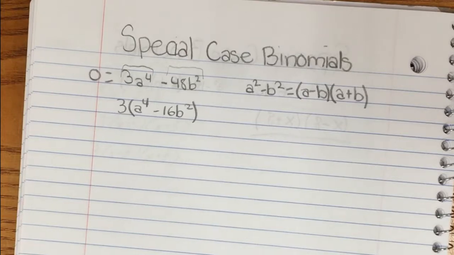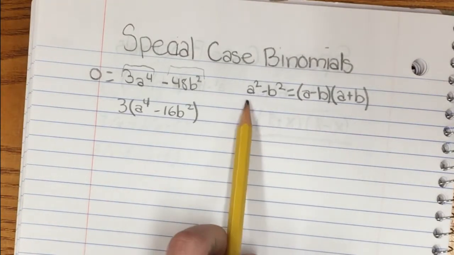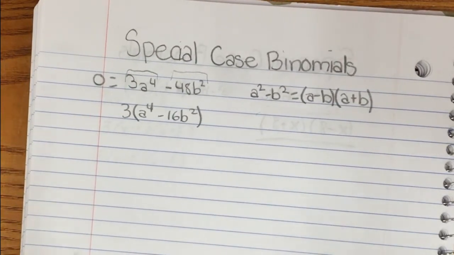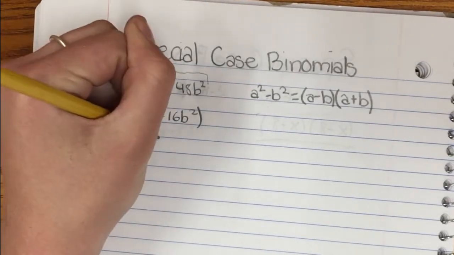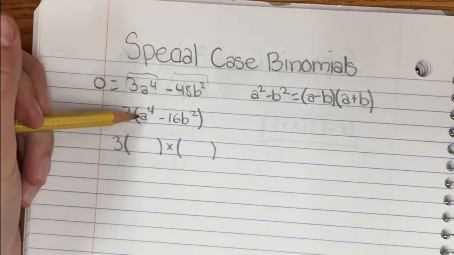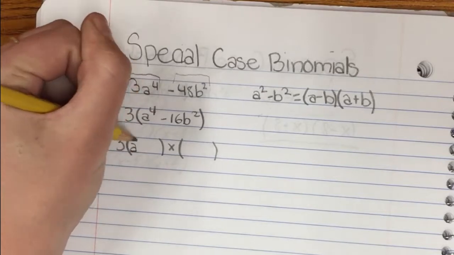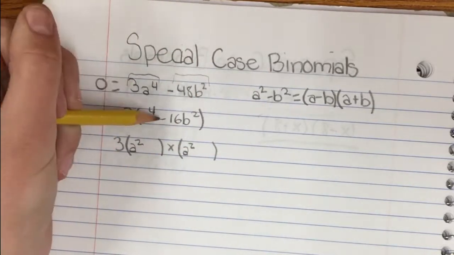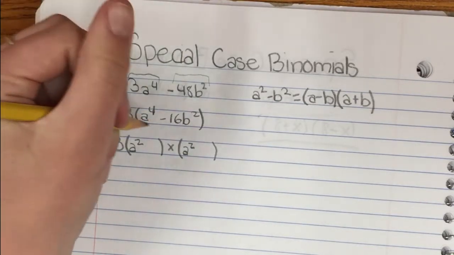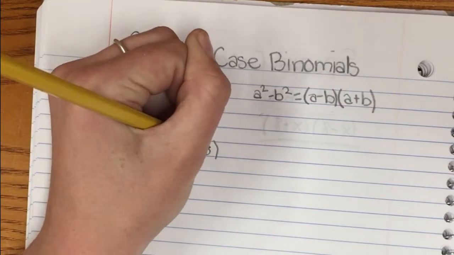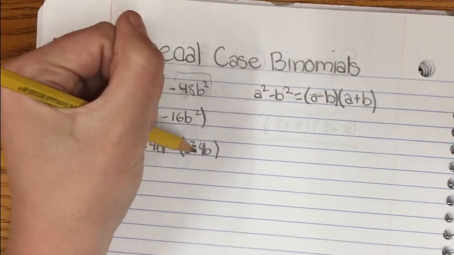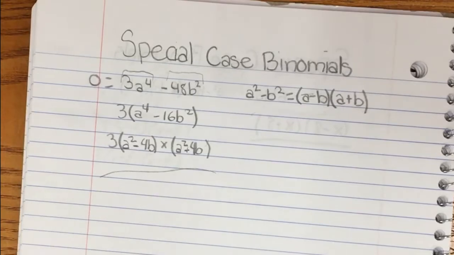Next, now using the formula a squared minus b squared equals a minus b times a plus b, we're going to do 3, add those parentheses in, next, a to the power of 4 divided by 2, a squared and a squared, and the square root of 16b squared is just 4b, and that's what you put on both sides. And then you're going to want to add your signs, which one will be negative, and one will be a positive. And those are your solutions.